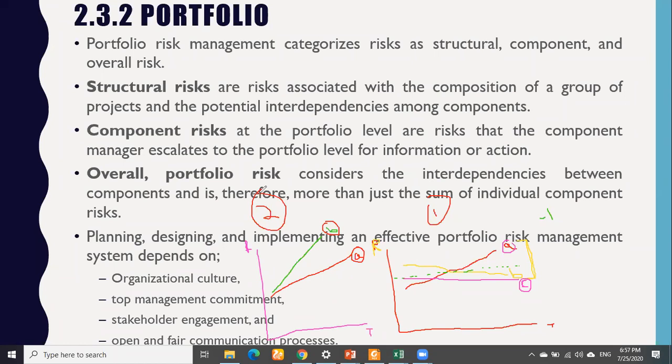But the second, which is on the left side, A has nothing to do with B. So if we fail on B, for example, A will still be there.